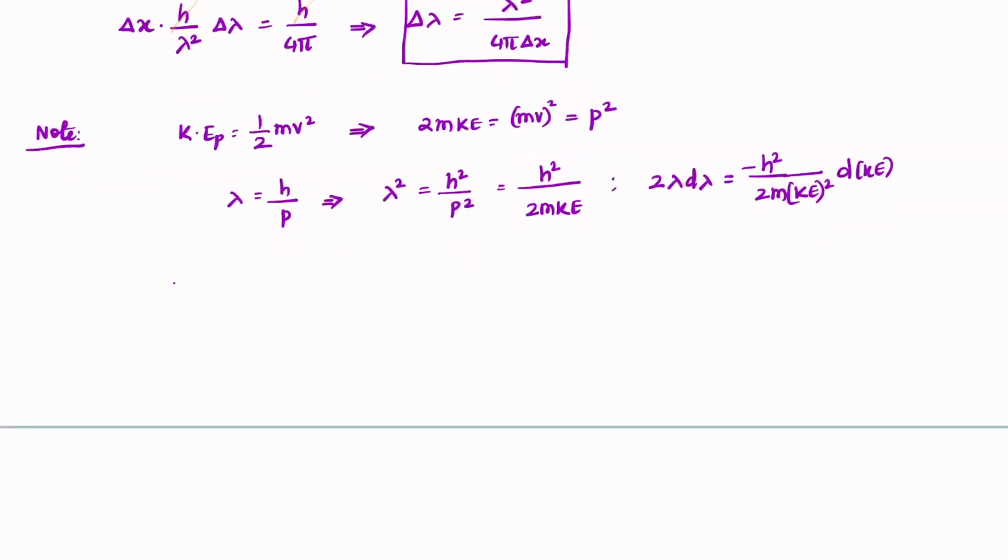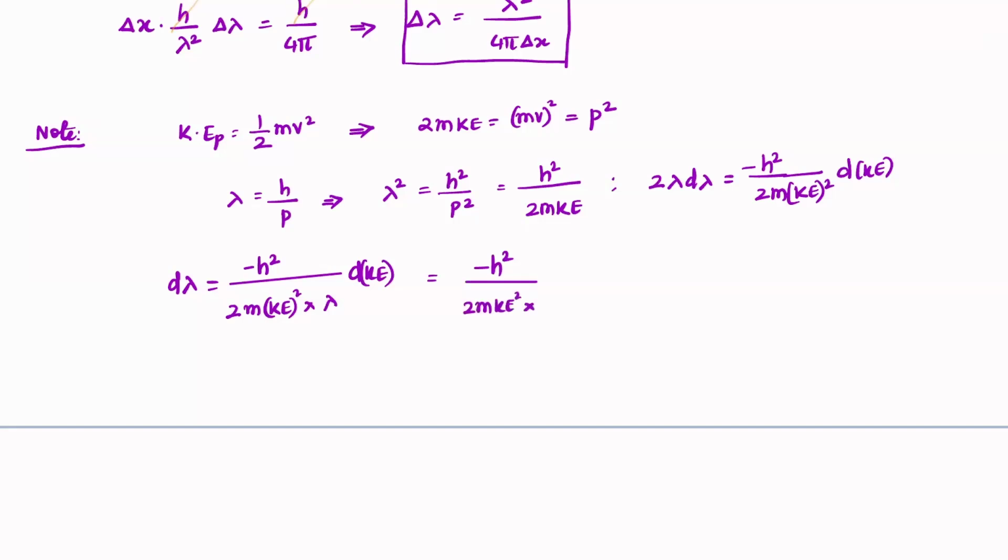So d lambda is equal to minus h square divided by 2m into kinetic energy square, into lambda, into d of kinetic energy.